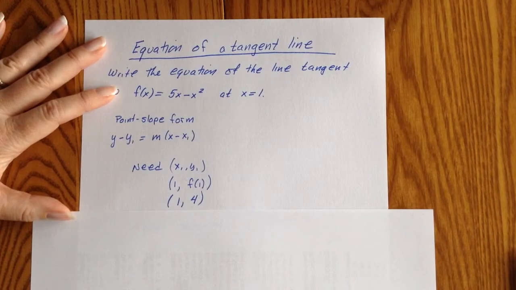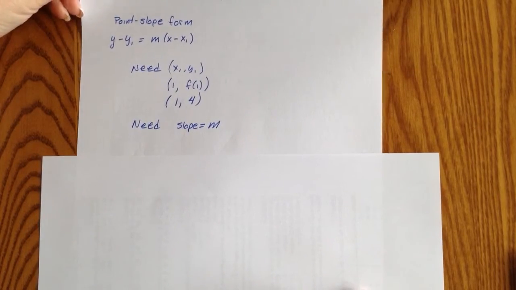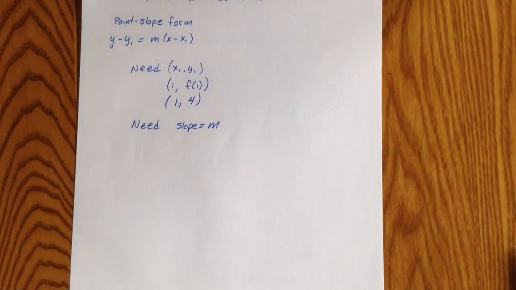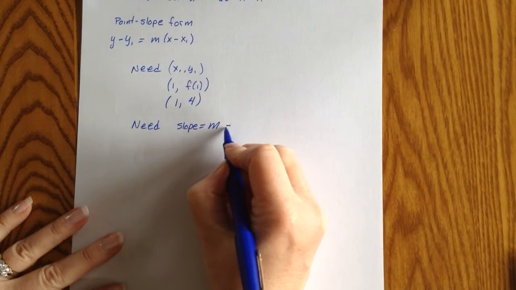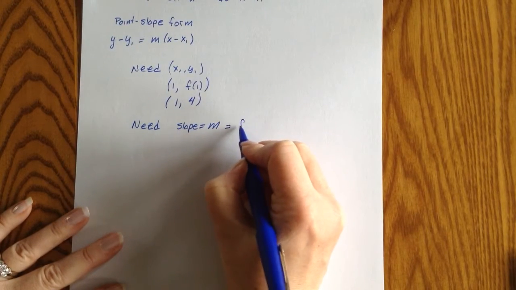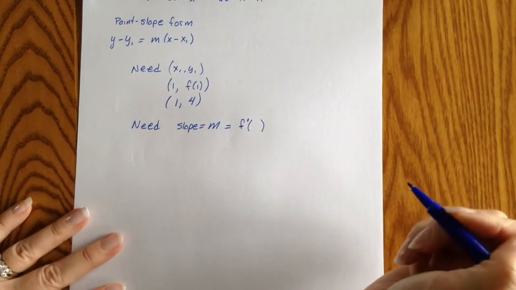Now, on the other hand, we also need a slope. Where are we going to find the slope? Well, this isn't just any line. It's a tangent line. And from previous lessons, we have learned that we can find the slope of a tangent line using the derivative.